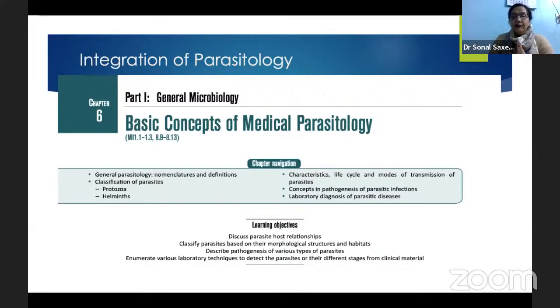First and foremost, in the general microbiology section, there is a chapter on basic concepts of medical parasitology, because the parasitology per se has been disjointedly shifted to other syndromes. So it was a need of the hour to familiarize our students with the general parasitology, its nomenclature, its definitions.